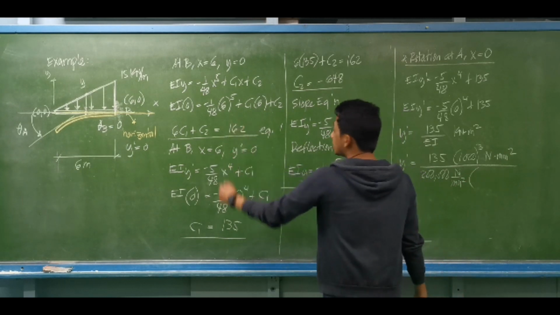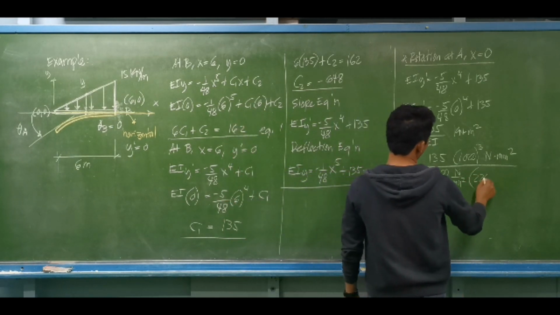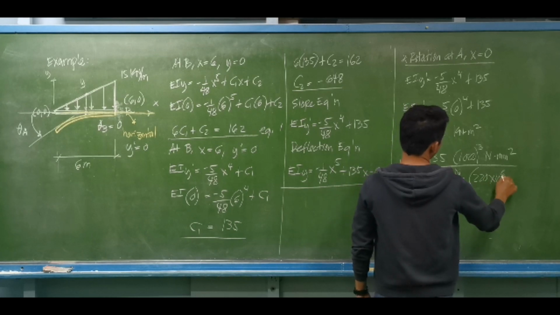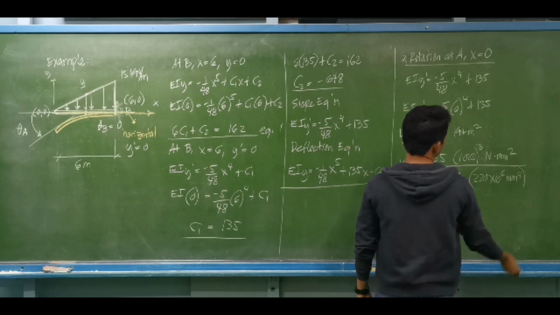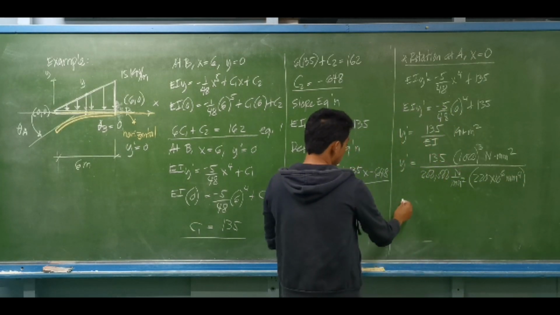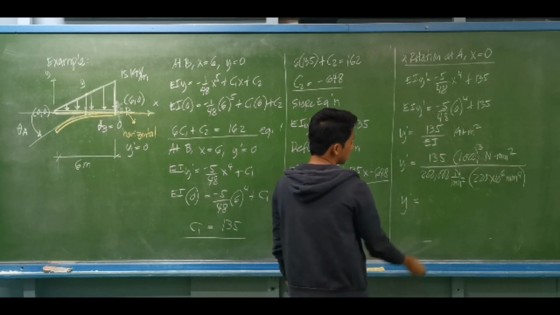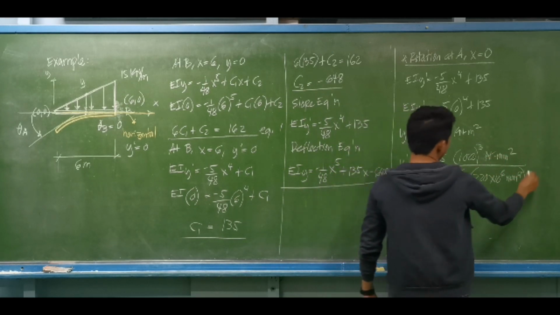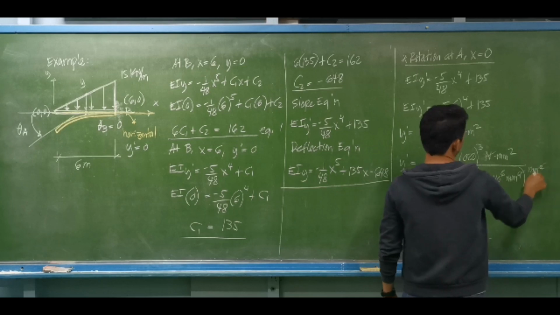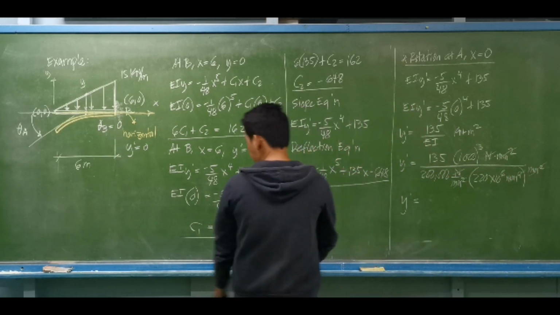Then moment of inertia, given din siya kanina as 220 times 10 raised to 6 millimeters raised to 4. So if you do unit analysis, again, that will be unitless, cancelling newtons, and then mm squared cancels again.